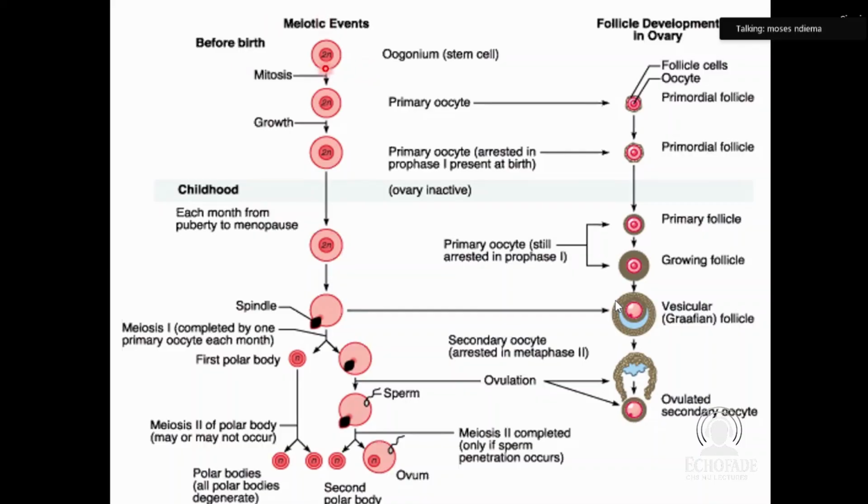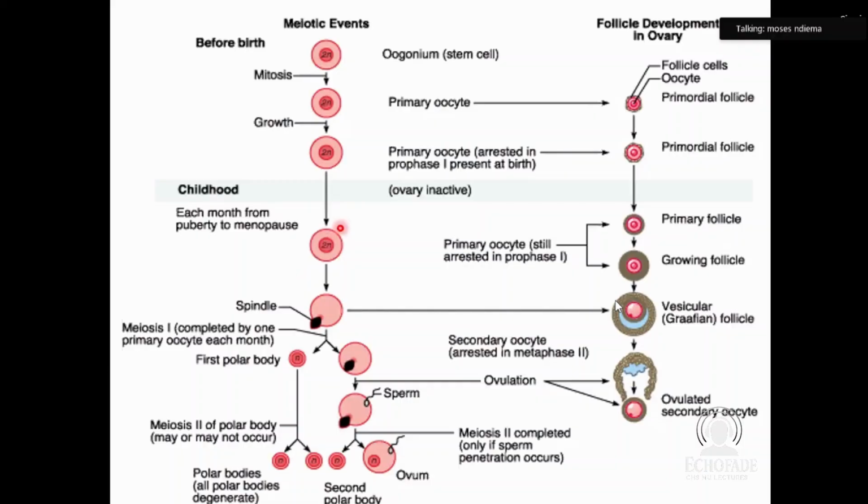So before birth, we have mitosis, as we talked about, as the germ cells undergo mitosis, then the growth phase, and then in childhood, that's before puberty, to menopause, we have the development of the oocyte.